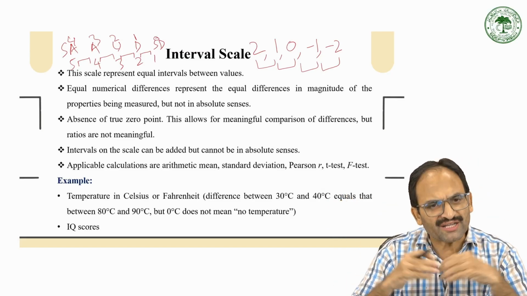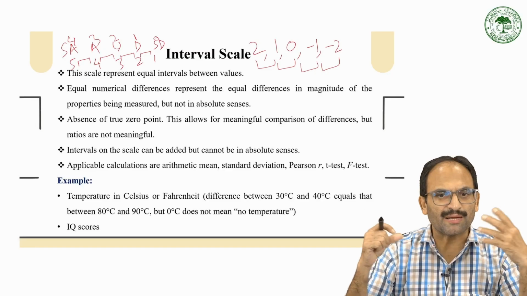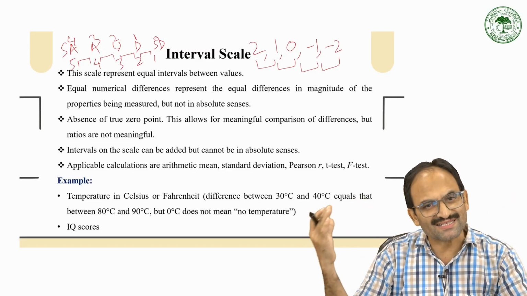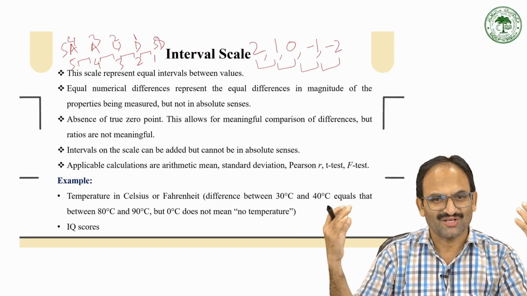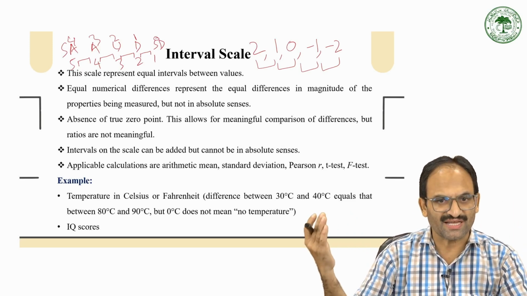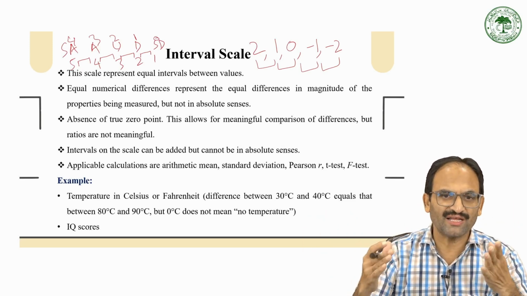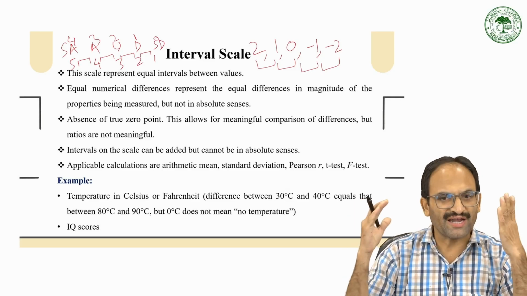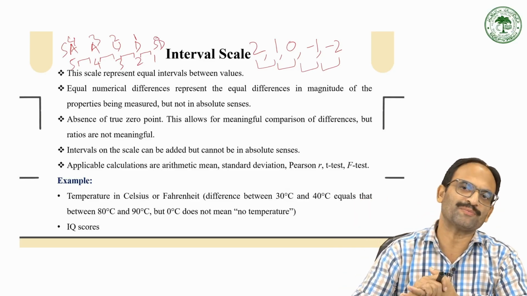And the perfect example is the temperature scale in Celsius or Fahrenheit. This is the perfect example of how an interval scale works. Definitely in Celsius or Fahrenheit, there is no absolute zero.